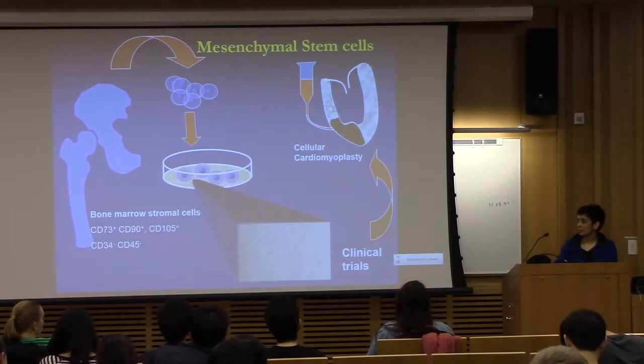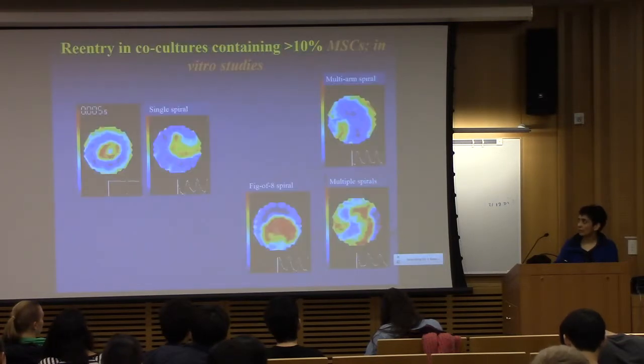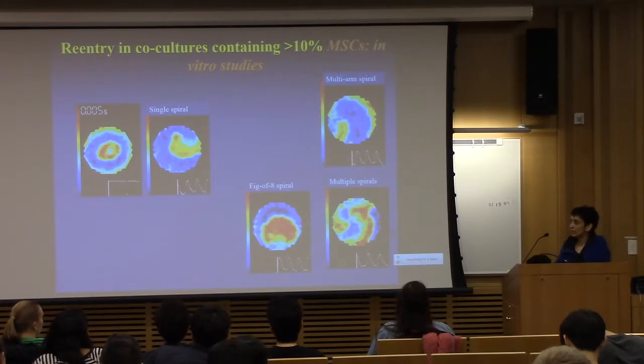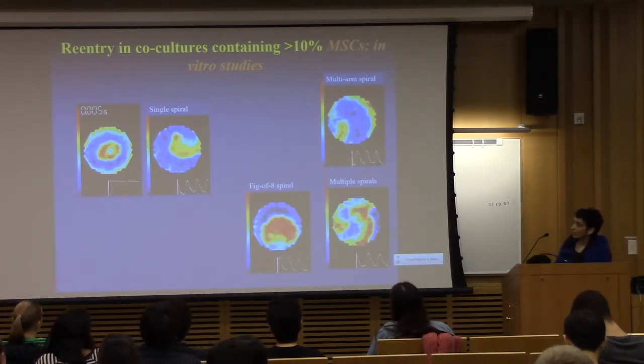When you have cells that are unable to generate action potentials electrically coupled with cardiac myocytes, they would act as a sink. And so that was our hypothesis, and what we did was we said, all right, let's do the same thing we did with skeletal myoblasts, and we mixed the mesenchymal stem cells with the neonatal rat ventricular myocytes. And we found the same thing.